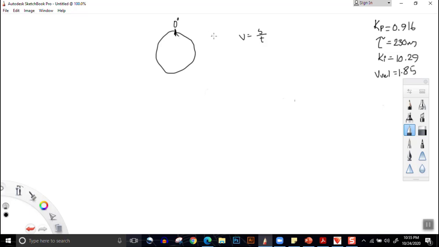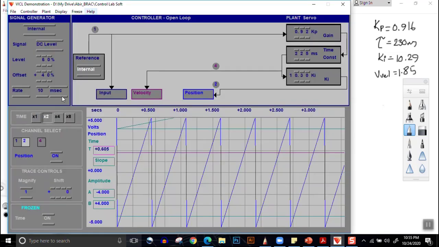In order to do that, we first find the time of this plus 4 volts here, which we measured earlier, which is 1.025, and we measure the time here, which is 1.565.